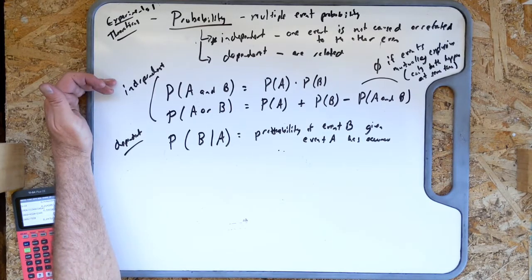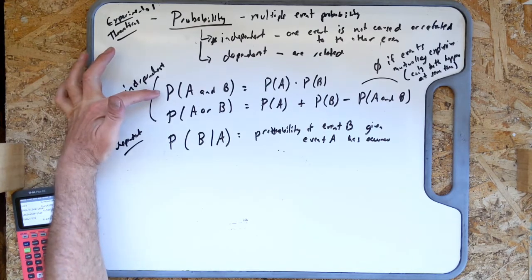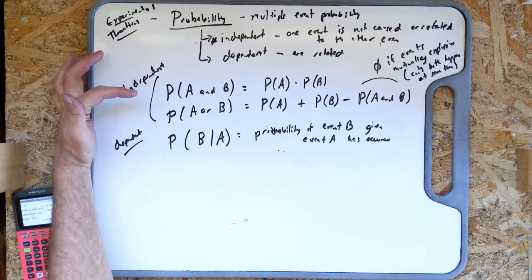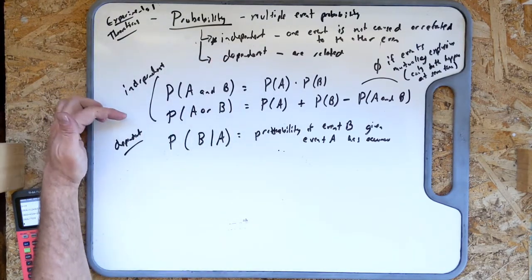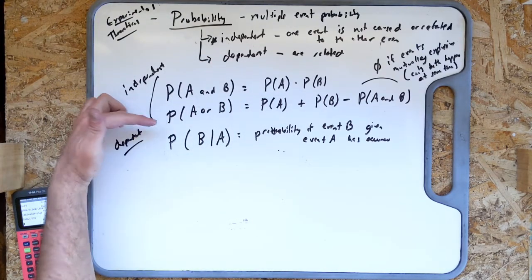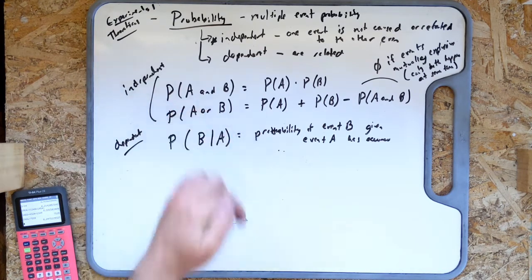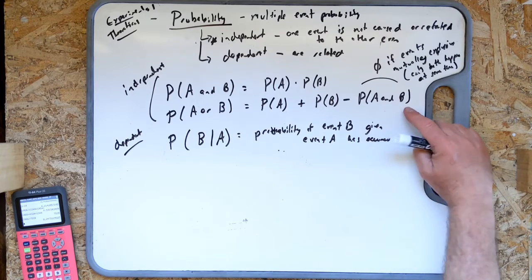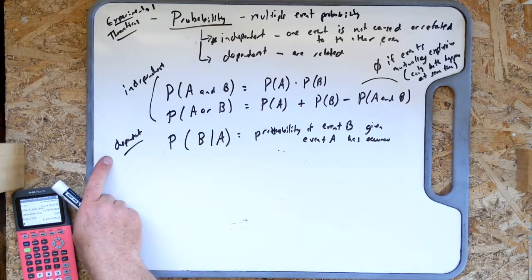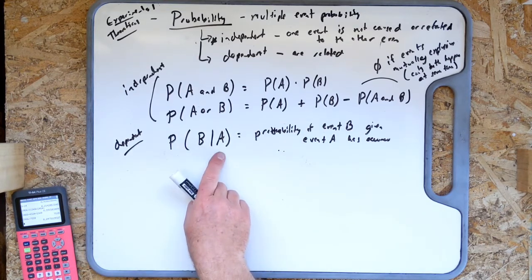Independent probability is where we have an "and." What is the probability of 2 events both occurring? In that case, you multiply the individual probabilities together. What is the probability of one or the other occurring? You add them and subtract the probability of both of them occurring, if that is possible. And then finally, dependent probability is where one event depends on another one.